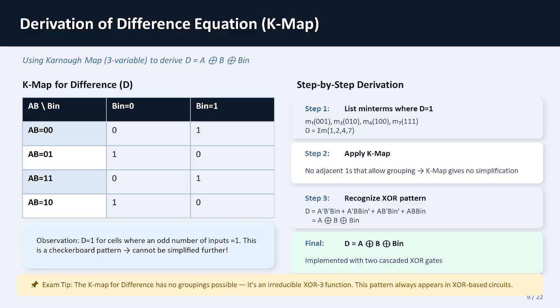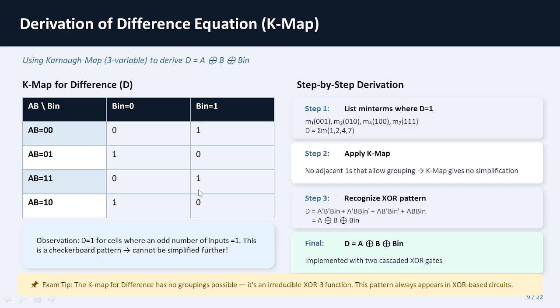So the important concept that you need to understand is that normally in a K map we simplify the expression by grouping adjacent ones, right? But here no adjacent cell exists, right? Every one is isolated, right? Like here one is at one end and here one is at the other end.